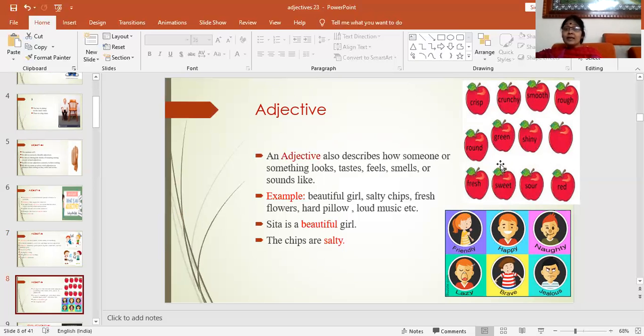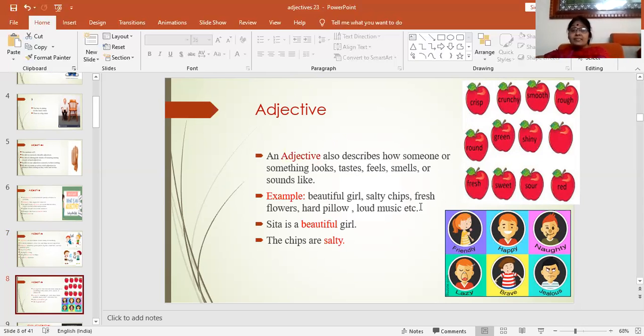So I can tell how it looks, how it tastes, how we feel it's crunchy, or it is shiny, how it smells sweet, right? So like that we can use.